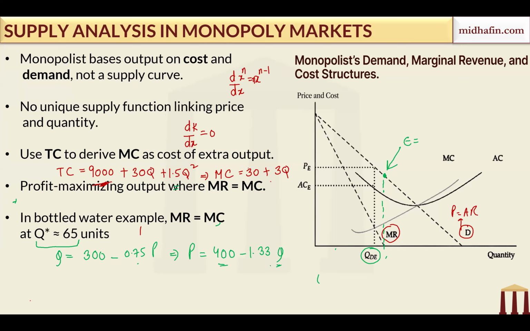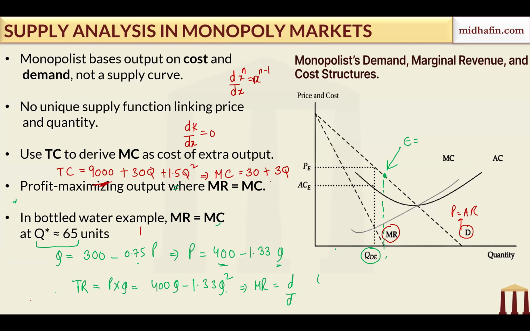So this will give you total revenue, which will be equal to price multiplied by quantity. So if you multiply p with q, you will get 400q minus 1.33q square. And if you differentiate to find the marginal revenue, partial derivative or full derivative does not matter here because there's only one variable.